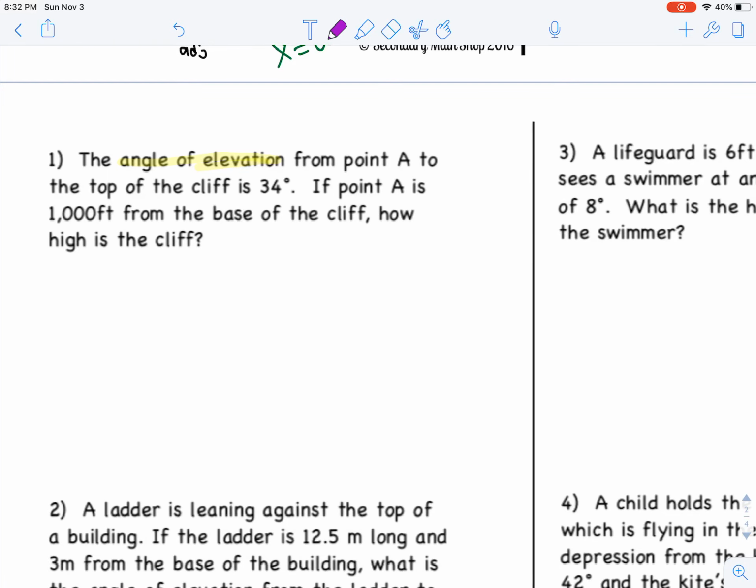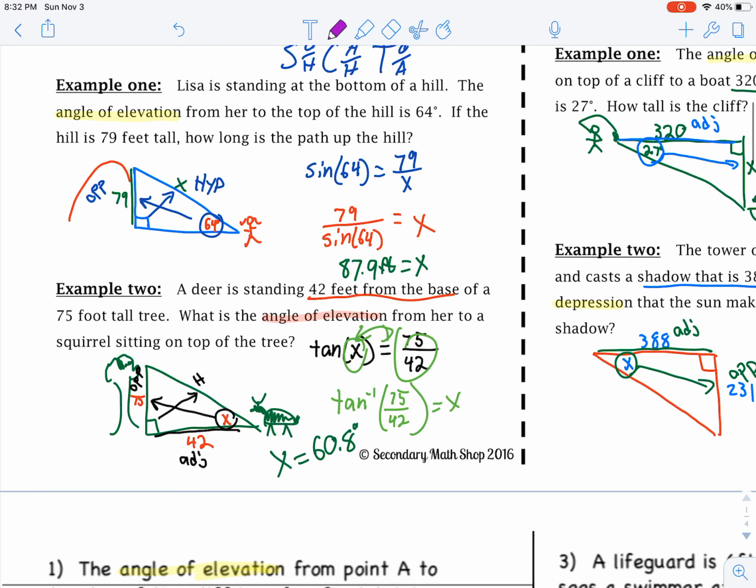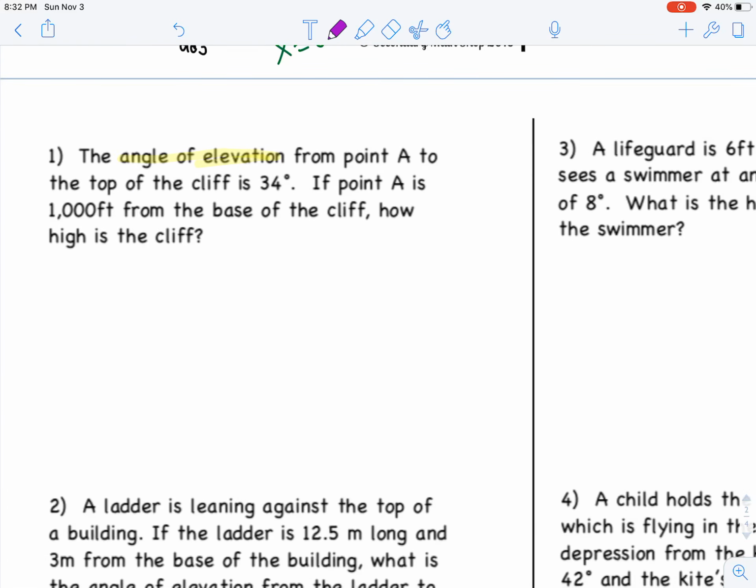So we're going to draw our triangle that looks like this. And they said point A is where? Where is point A on our triangle? Point A is 1,000 feet from the base of the cliff, so at the bottom.